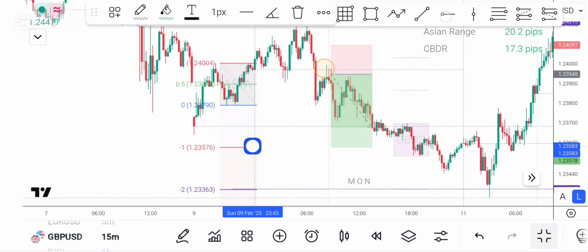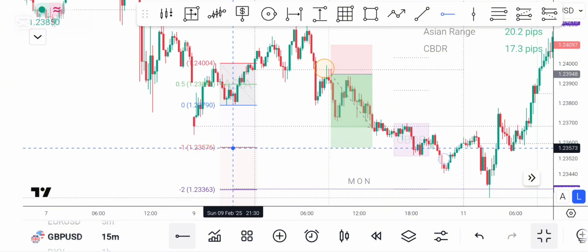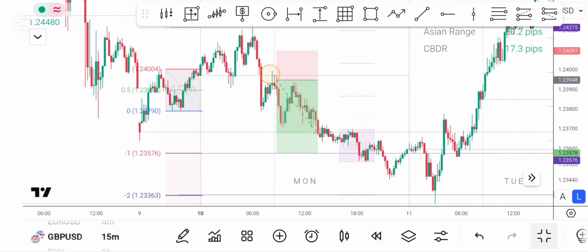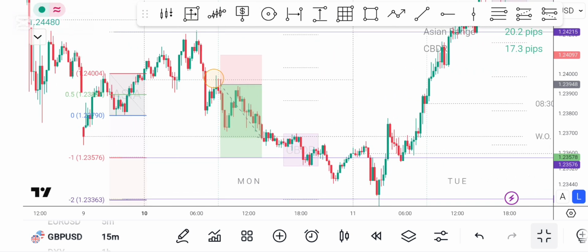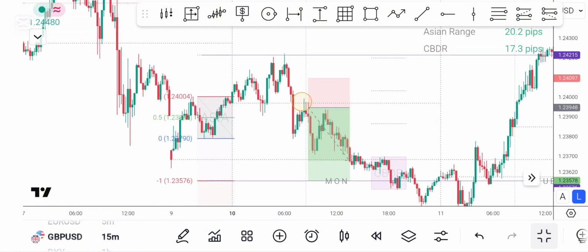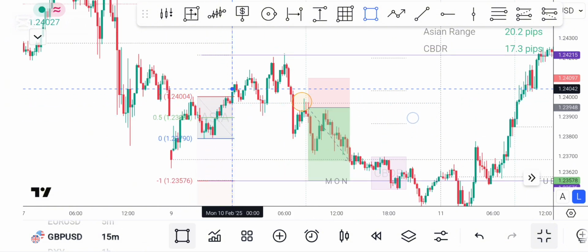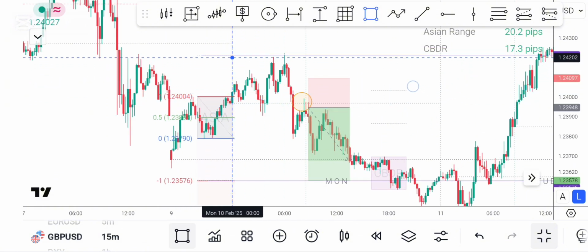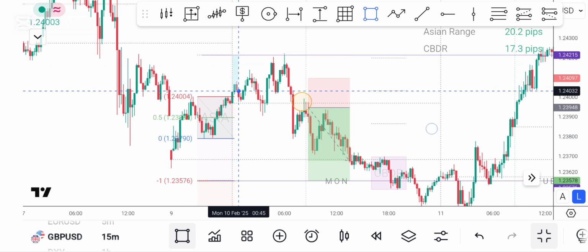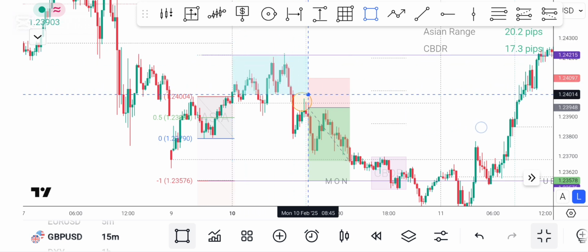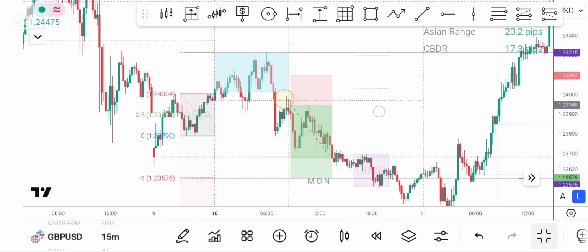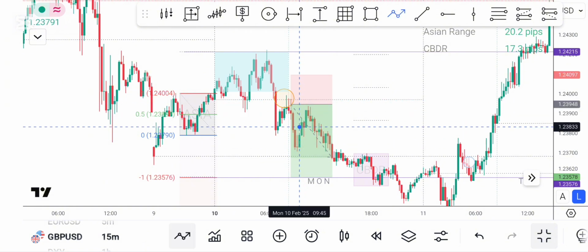I hope you understand what I just did here, and if you have been following along, please make sure you do exactly what I've done here. Now, what did we say again? We said we want to see a form of accumulation, manipulation, where the manipulation occurred here above Asia, and then we want to see distribution, and we have the distribution occurred here.